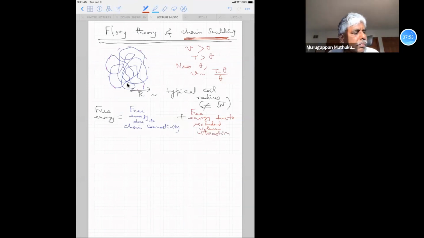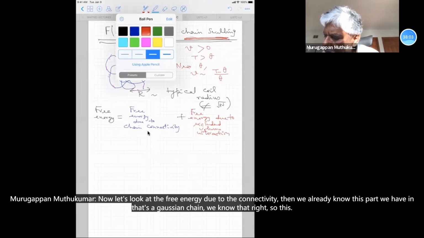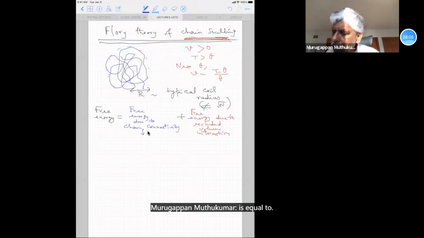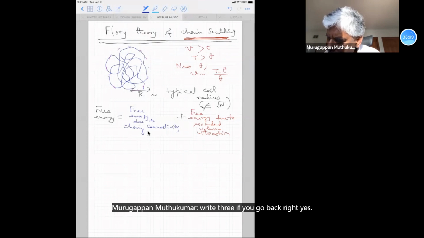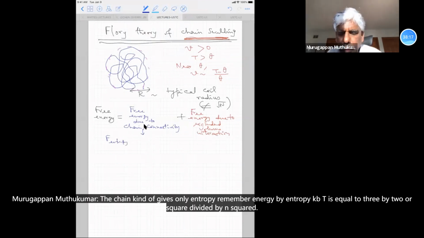Now let's look at the free energy due to the connectivity. That we already know. This part is a Gaussian chain. The chain connectivity gives only entropy, remember?